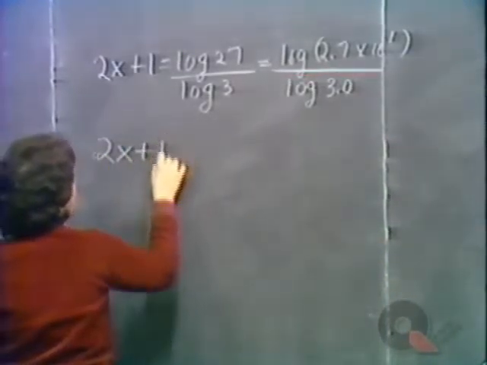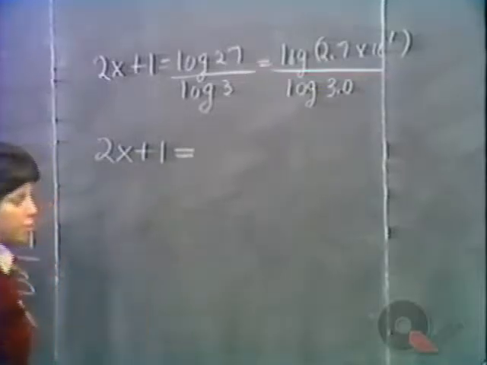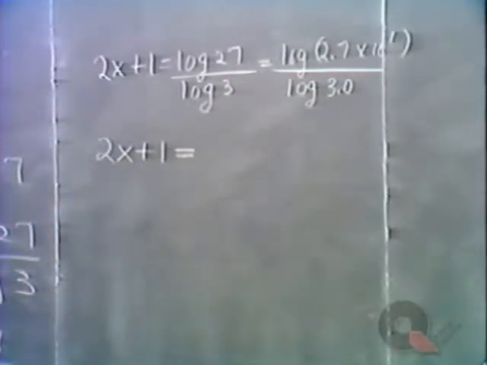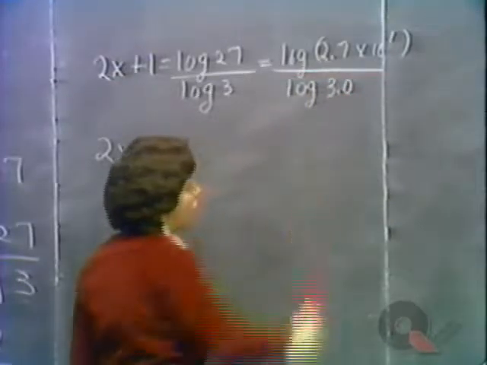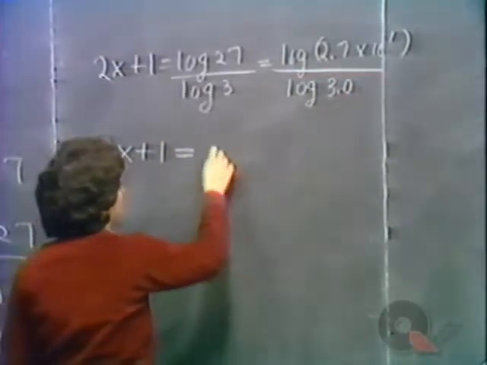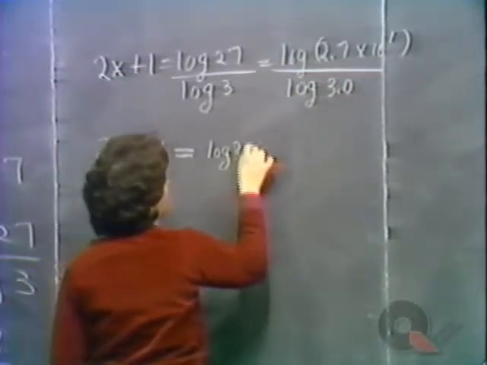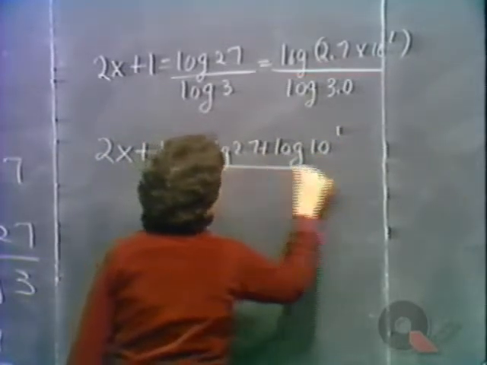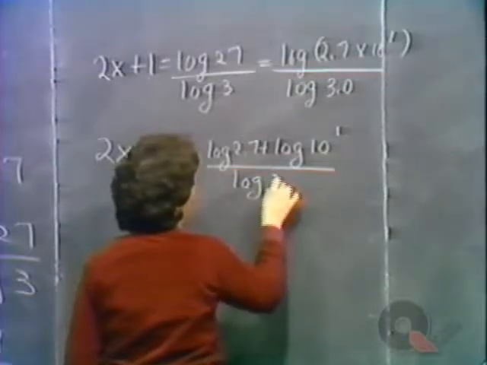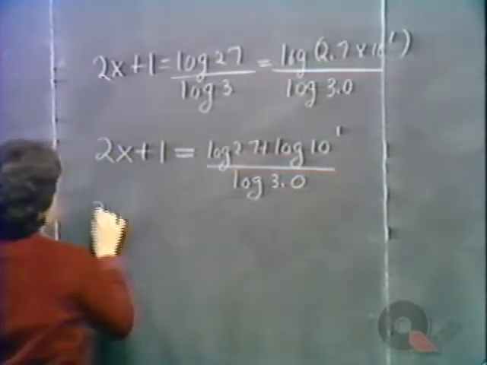I'm not going to bother doing anything with the left-hand side right now. On the top here, we have the log of 2.7 plus the log of 10 to the first power, over the log of 3.0.